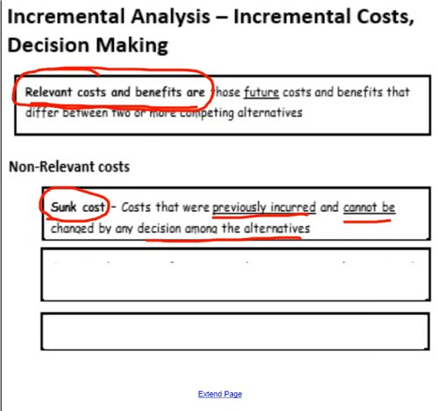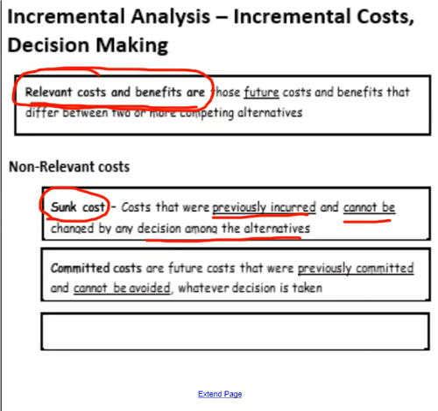Then we go on to our next item, and that is committed costs. Committed costs are future costs, in other words, future inflows and outflows, that were previously committed based upon some prior decision. We can't get out of them. So they're future costs that were previously committed, and even though they're future costs, they cannot be avoided.